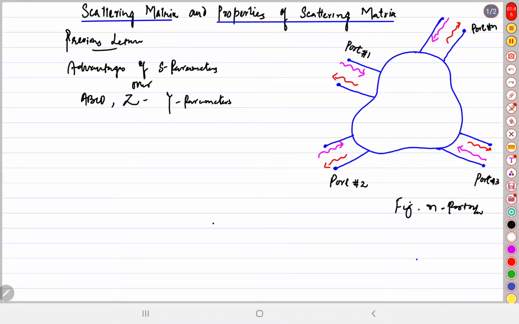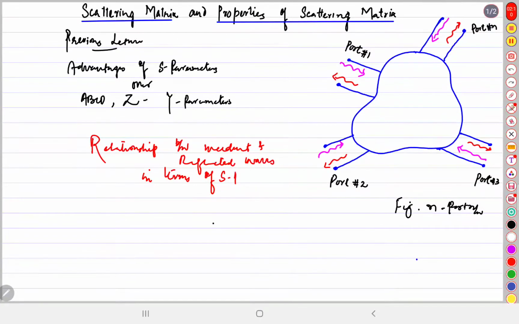So our aim is to find the relationship between incident and reflected waves in terms of S parameters.